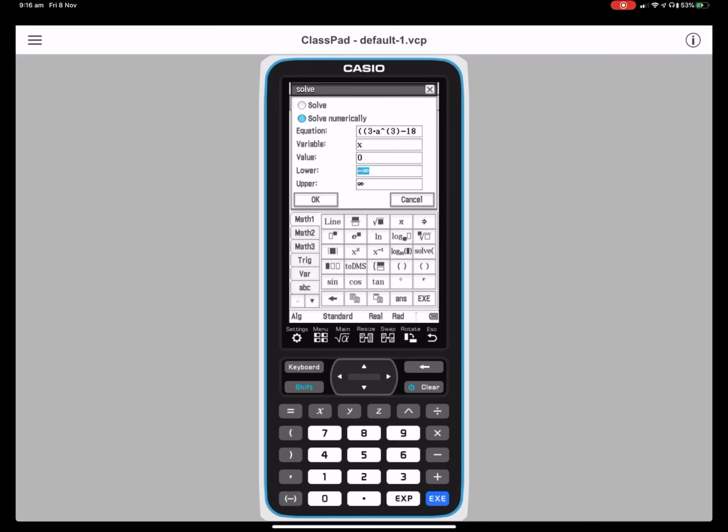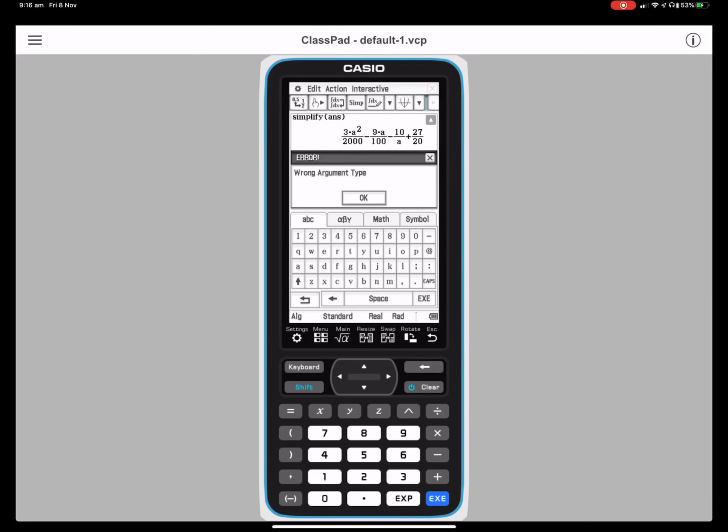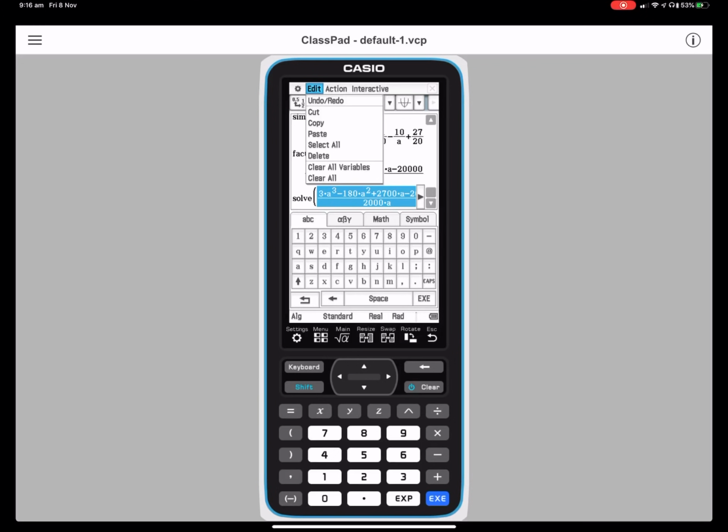Now A had to be between, was it 10 and 20? Oh. Cut, edit, clear all.